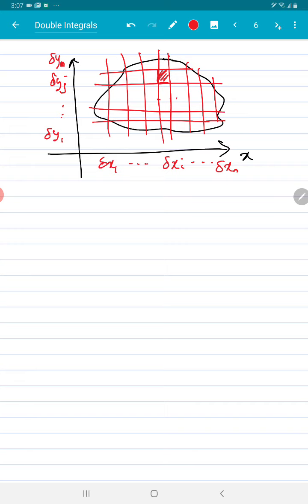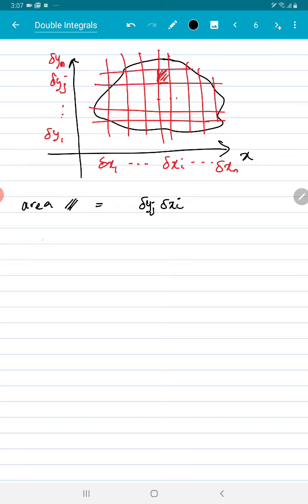The area of that one box is going to be delta xi times delta yj.